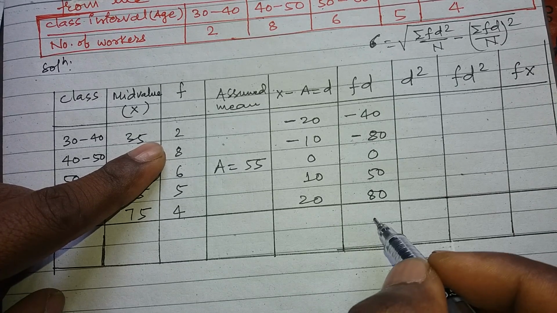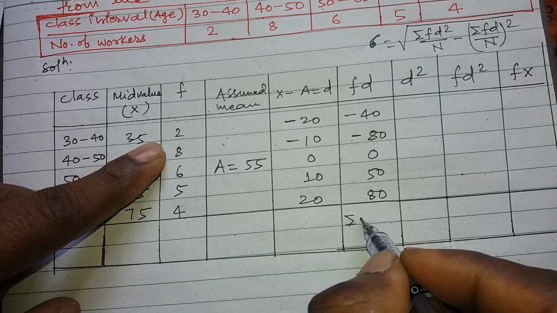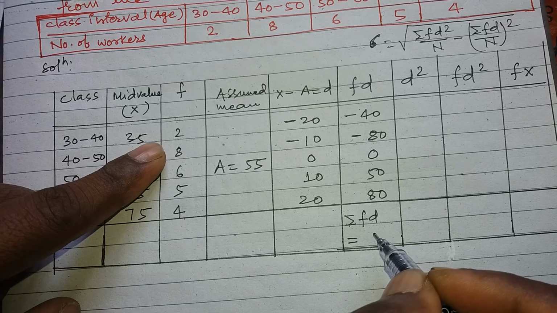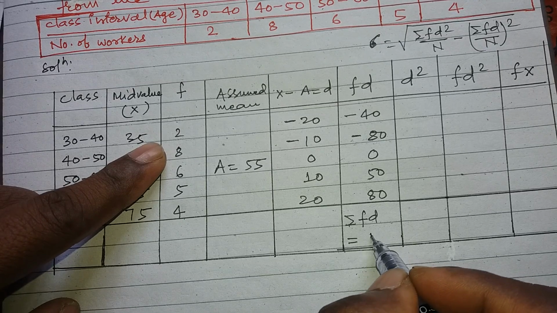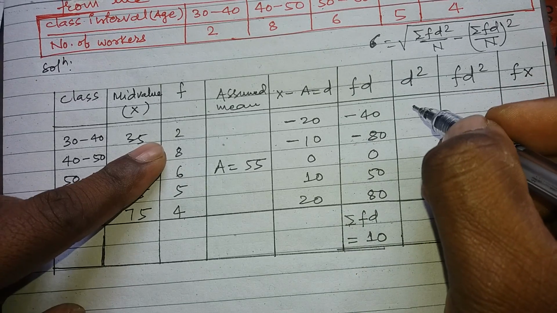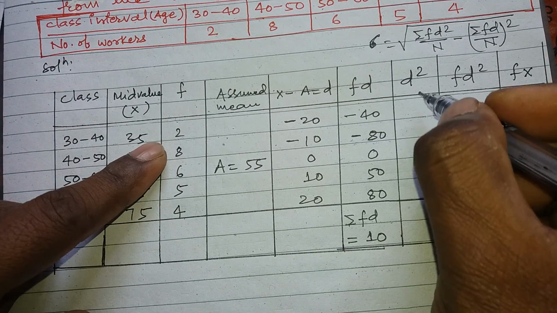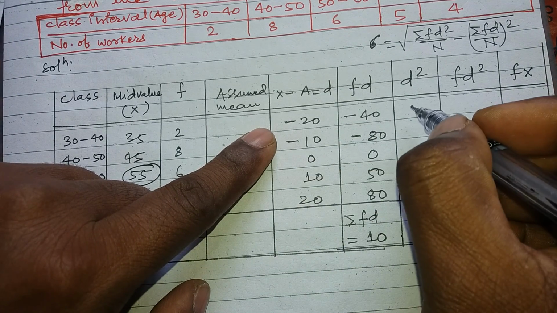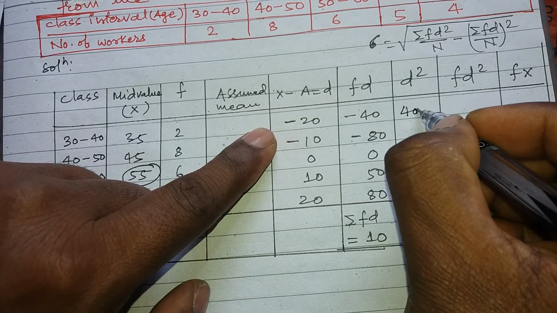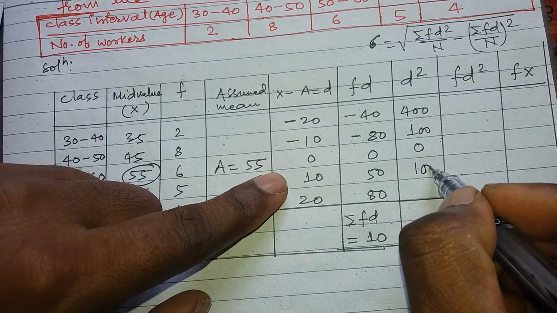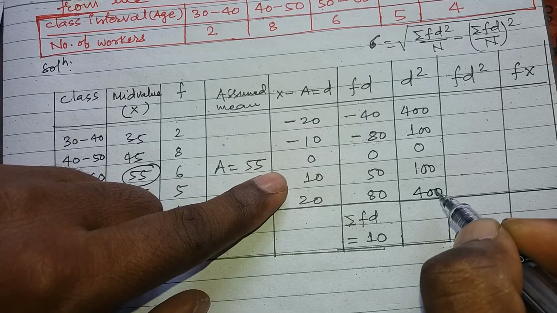So when we add them together, we will get summation fd is equal to 10. After this d square. Here is the d column, and we write d square, meaning 400, 100, and 0, 100, and 400.